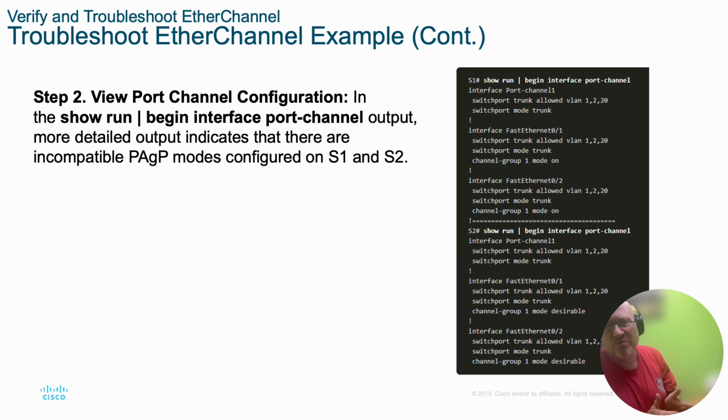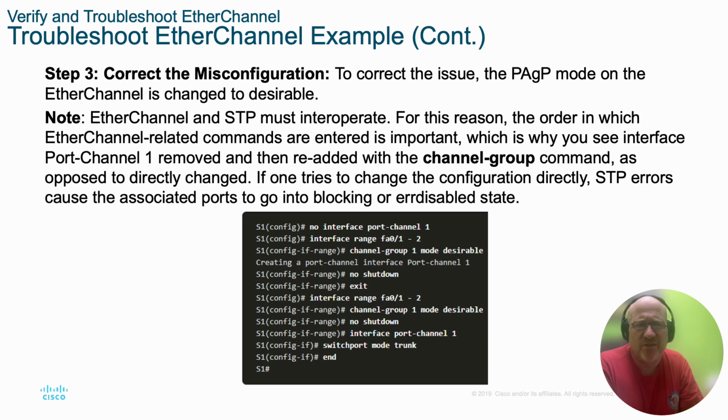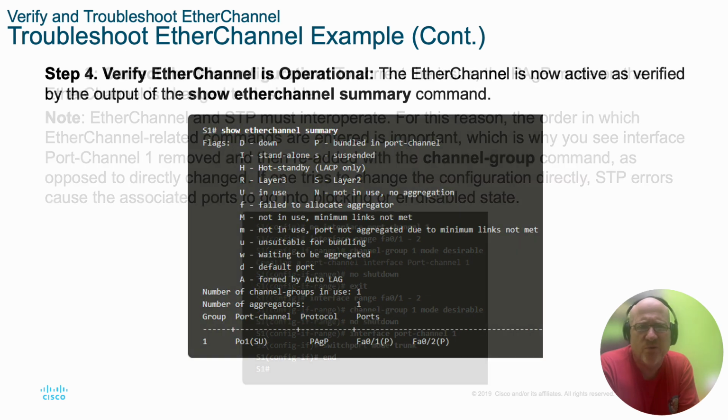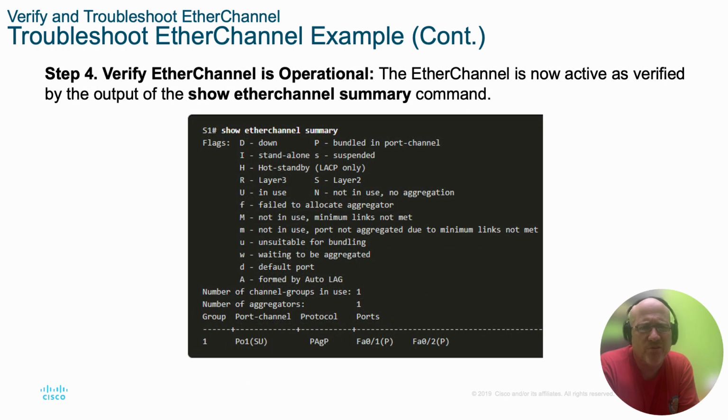Remember, you also have to check both ends. What's on one, what's on the other? Does it match? Are there any slight differences? Should there be any slight differences? Correct the misconfiguration. If it's still not working, use the show etherchannel summary command again, and check that your settings, your config, your cables, your duplexing and your VLANs and everything are set up.